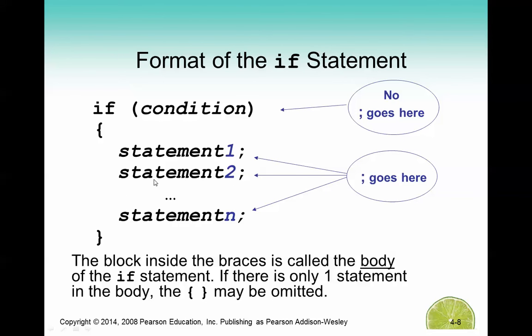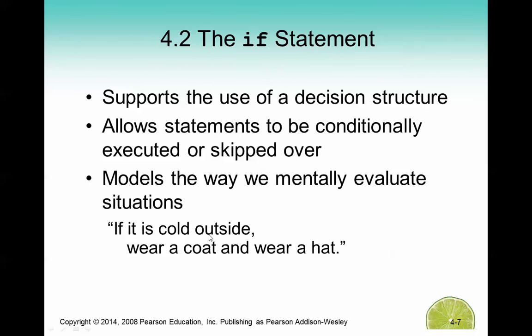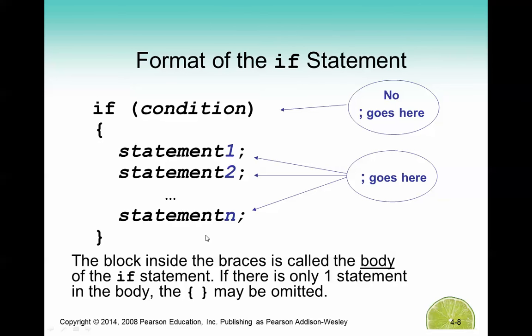So if I was going to write this question in here, I will put if whether it's equal to, so I use the double equal sign, then in the curly braces I will put wear a coat, wear a hat. If the result of the condition is false, then everything that we have in this block is going to be skipped.